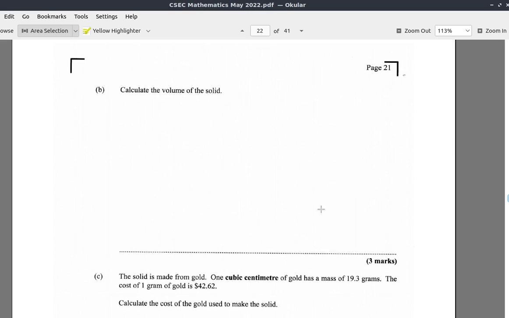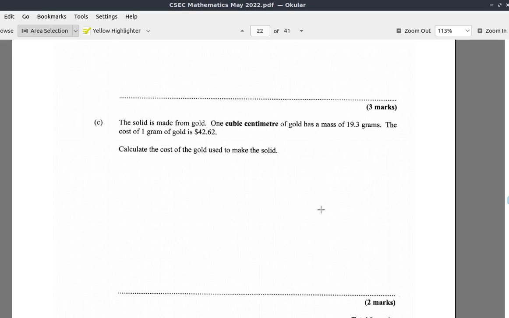After that now, the solid is made from gold. 1 cubic centimeter of gold has a mass of 19.3 grams. The cost of 1 gram of gold is 42.62. Calculate the cost of the gold.